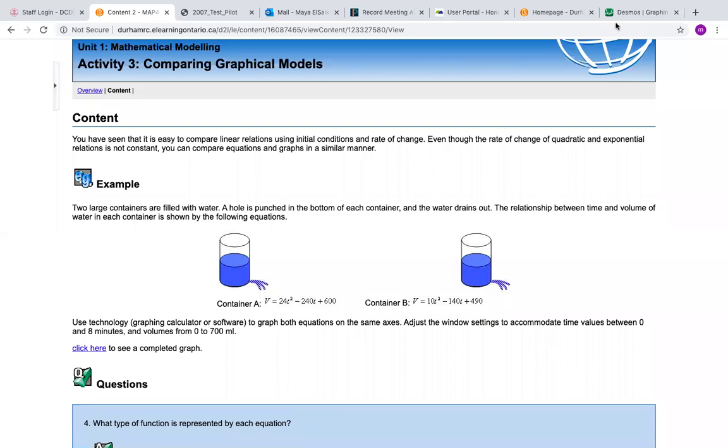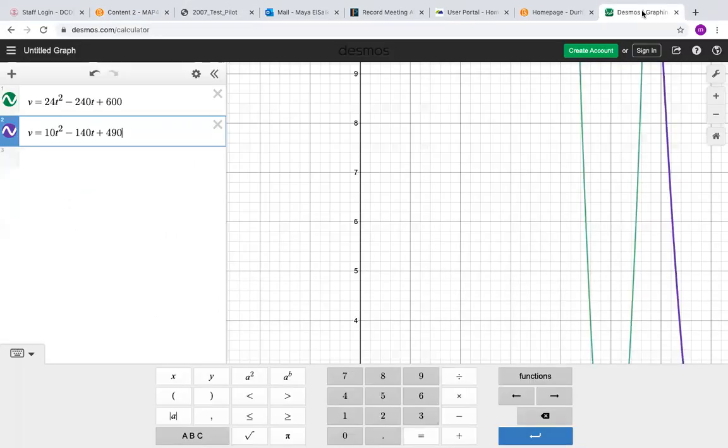Yeah. All right, so it says set your window to accommodate time values between 0 and 8 and the volume between 0 and 700. So time is t, which is on the x-axis, and V is the volume, which is on the y-axis. So I'm going to go back here, and then how do we do that?